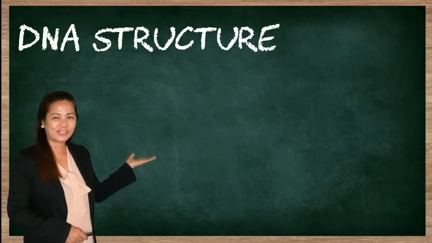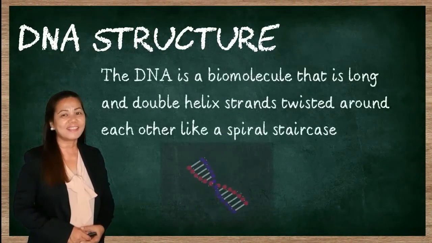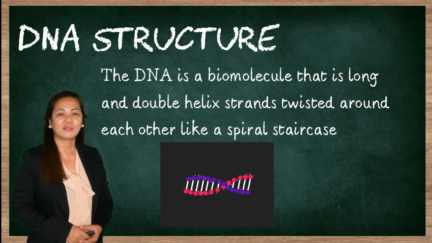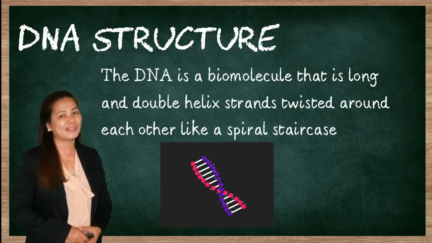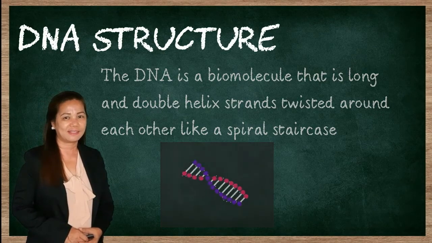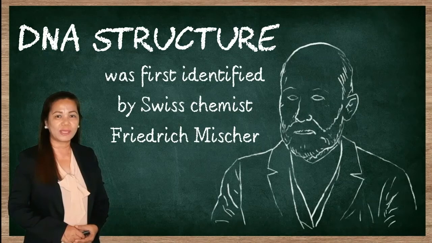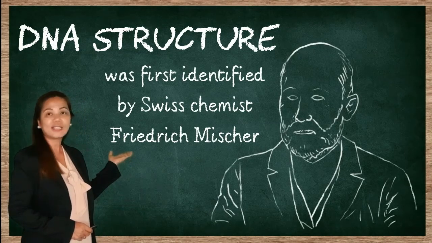DNA structure. The DNA is a biomolecule that is long and has double helix strands twisted around each other like a spiral staircase. The DNA was first identified by the Swiss chemist Friedrich Miescher.